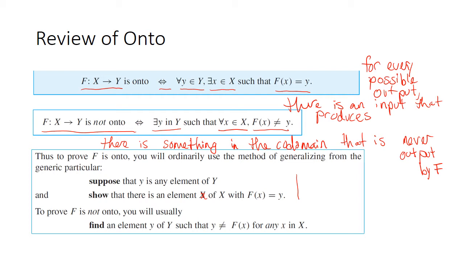And then to prove that f is not onto, what you have to do is find an element little y in big Y such that little y does not equal f of x for any little x in big X. And so usually this part here, you prove by contradiction. So you suppose that you can produce little y, and then you show that leads to a contradiction. Okay, so let's go over some examples.